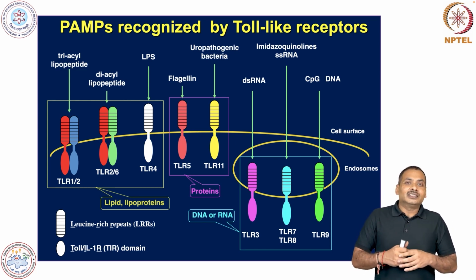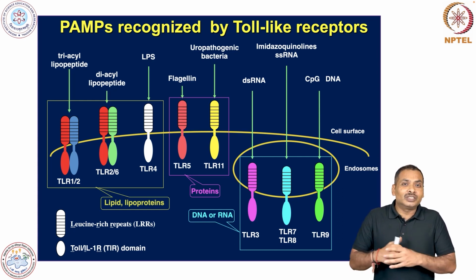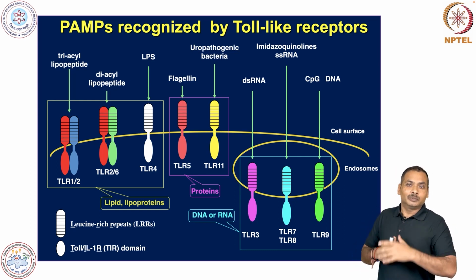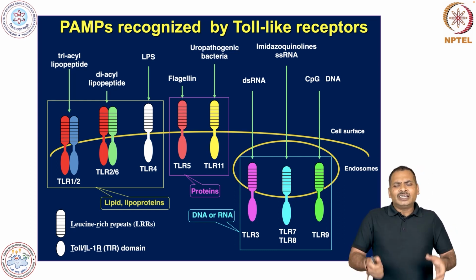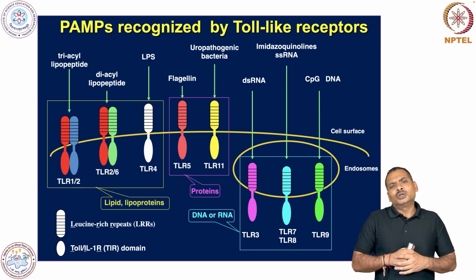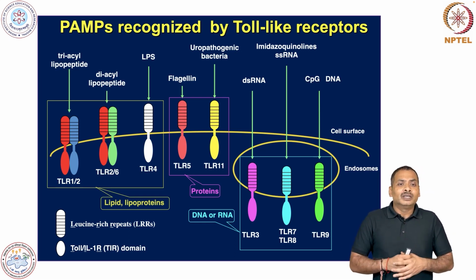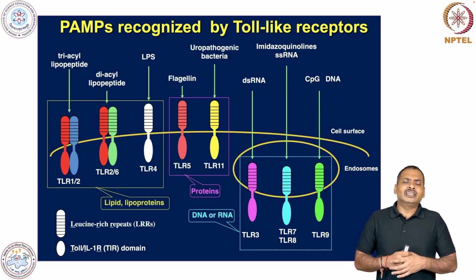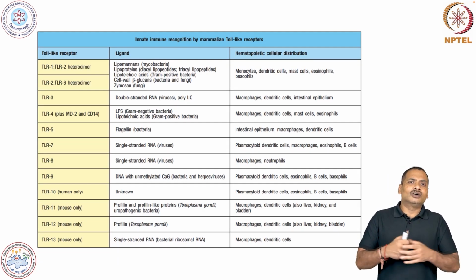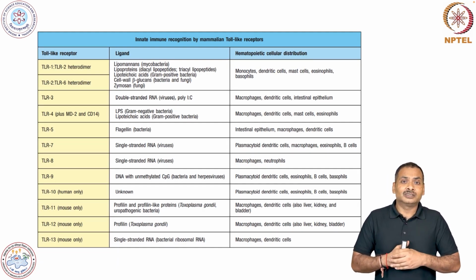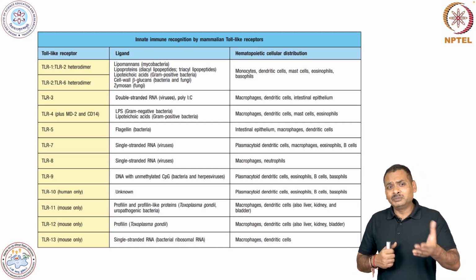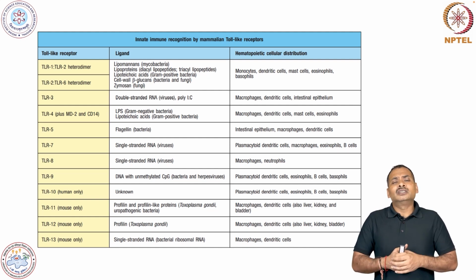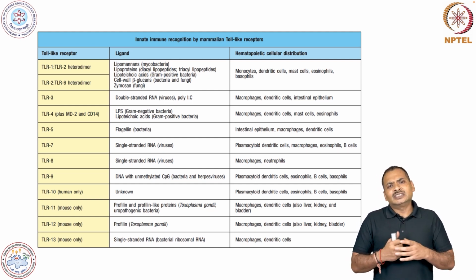Human cells don't have peptidoglycan, so they sense the peptidoglycan. So here I just gave you the overview about the various PAMPs, and in the next slide I will show you in great detail these PAMPs, what the PAMPs are and where these sensors are expressed.